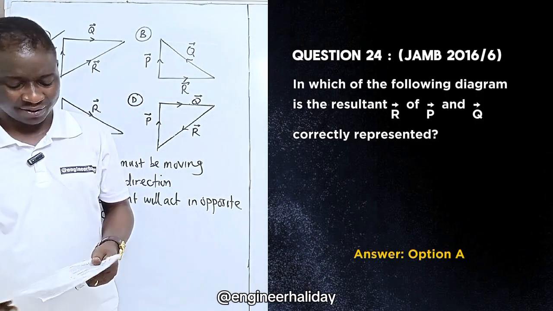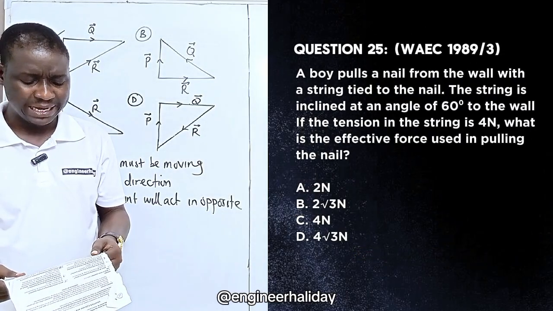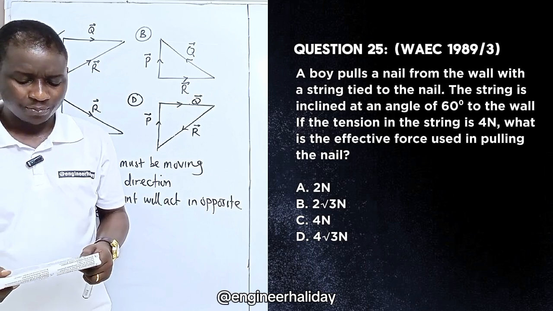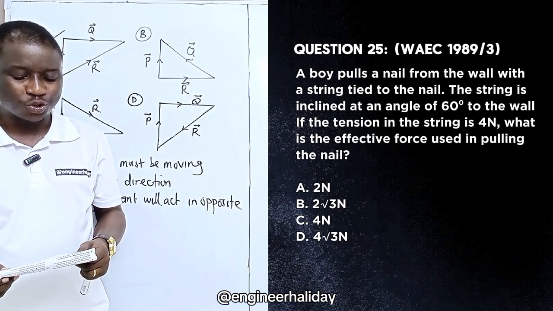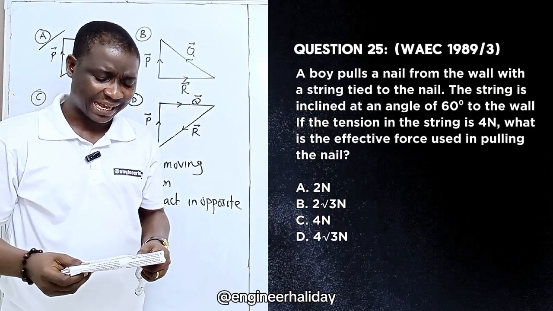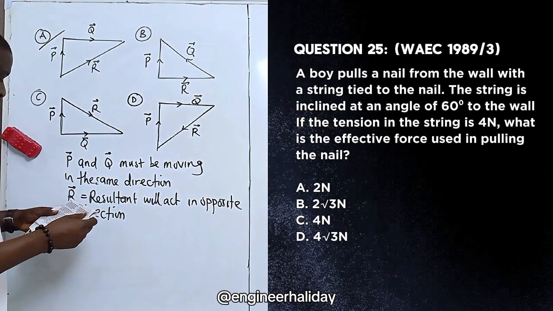Now let's go to number 25. Number 25 says a boy pulls a nail from the wall with a string tied to the nail. The string is inclined at an angle of 60 degrees to the wall.